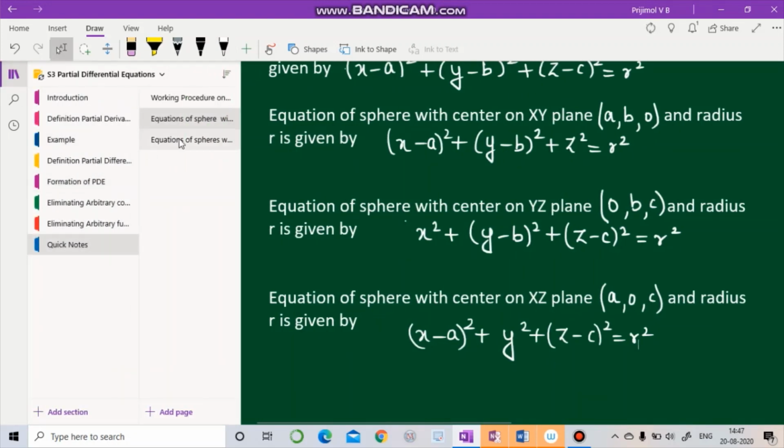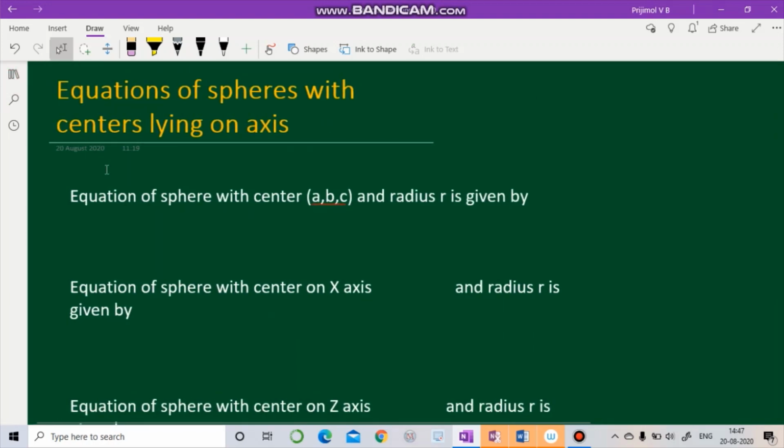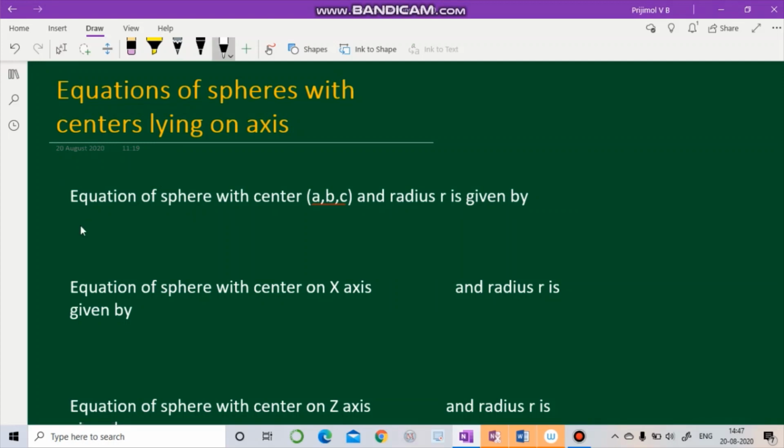Now let me take you back to another page. Here I am going to discuss spheres with centers lying on an axis. Now here in the first equation I am going to discuss the general equation where the center is a, b, c and radius is r: (x minus a) whole square plus (y minus b) whole square plus (z minus c) whole square equal to r square.